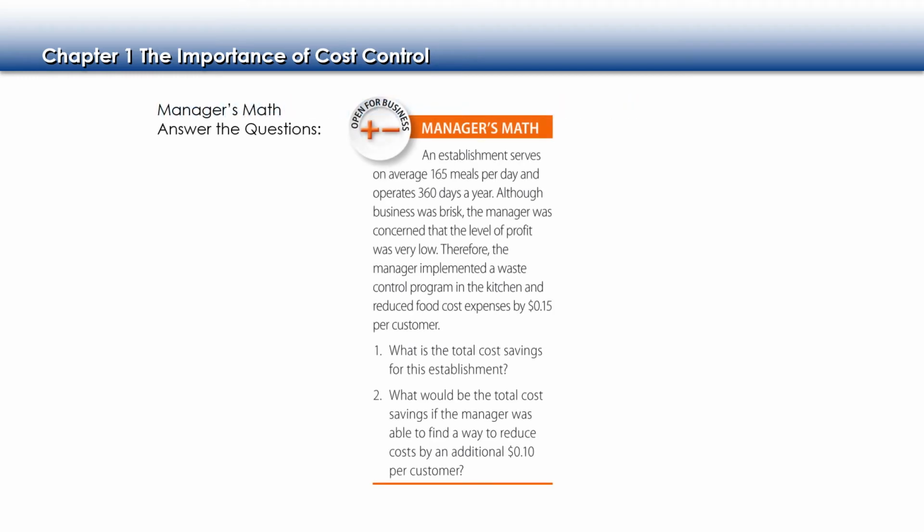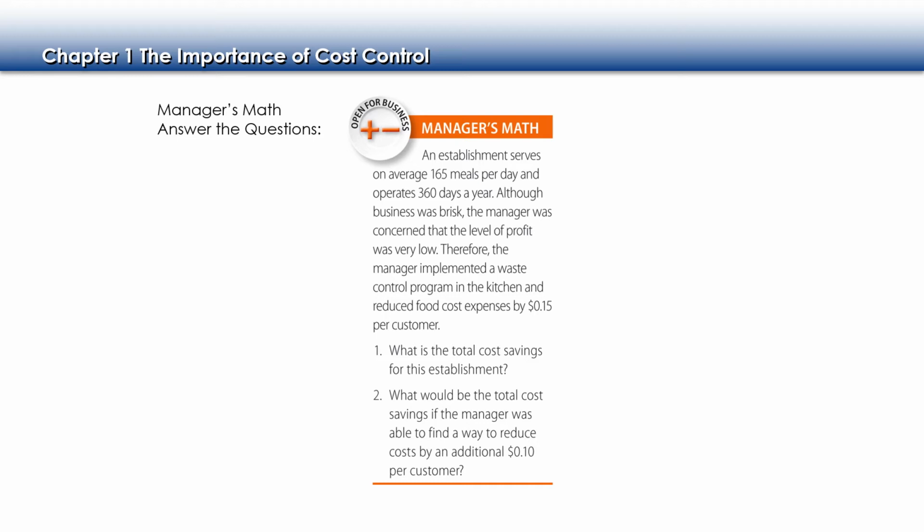So we also, as a manager, have to decide, how can we implement some kind of cost saving, and what is the benefit of doing so? And so here we have an establishment that serves an average 165 meals per day. They're open 360 days a year. And so what we want to look at is what is the potential cost savings if we can decrease our cost by a certain amount.